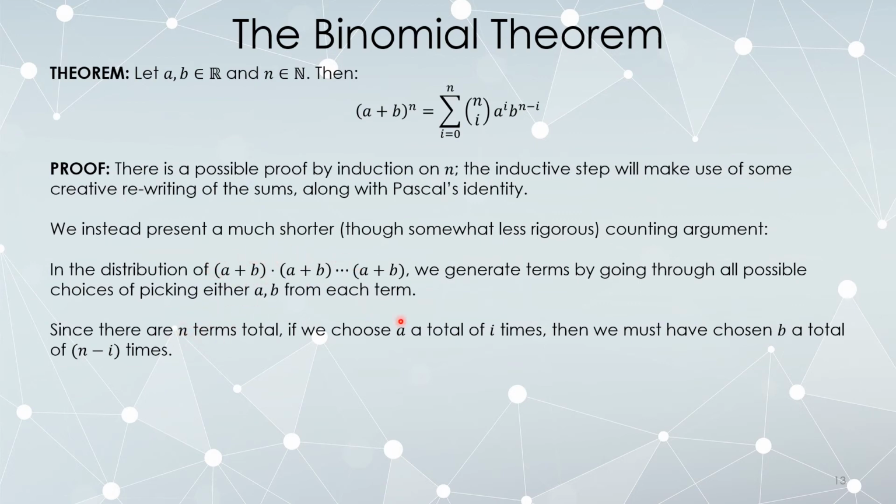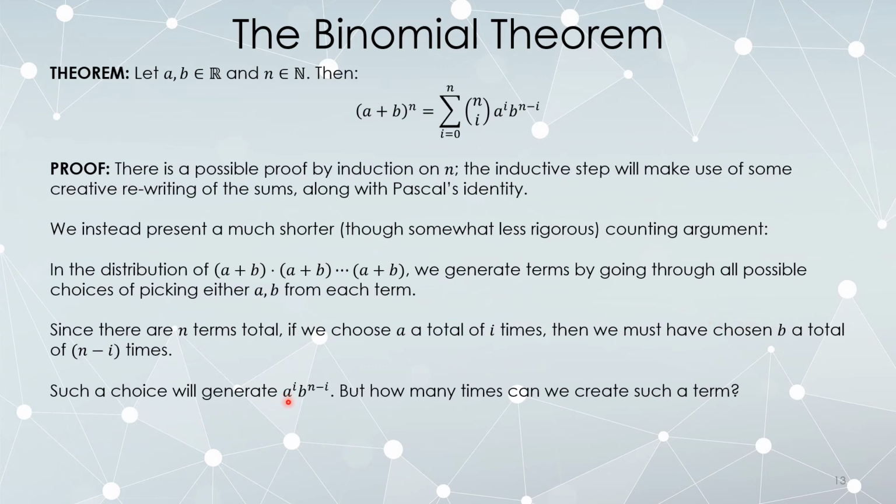So if I choose a, i times, then I must have chosen b the remaining times. There were n possible things to choose, so if i of them were a, then n minus i of them are b. Well, I chose a, i times, and I chose b, n minus i times, and I'm multiplying them all together. Multiplying a by itself, i times, is a to the i, and multiplying b by itself, n minus i times, is b to the n minus i.